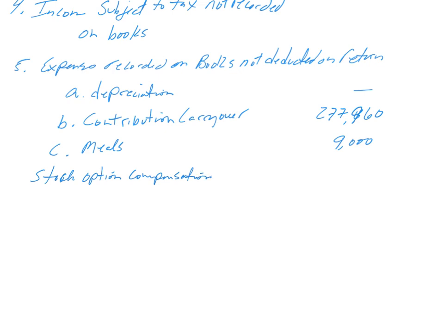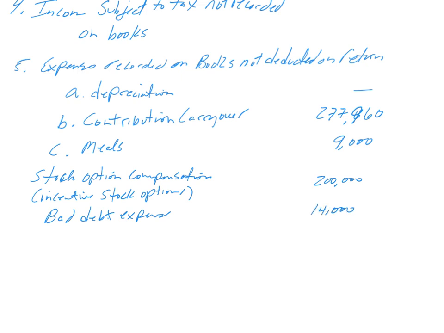So our stock compensation for our incentive stock options. And then we had bad debt expense. And we have warranty expense.